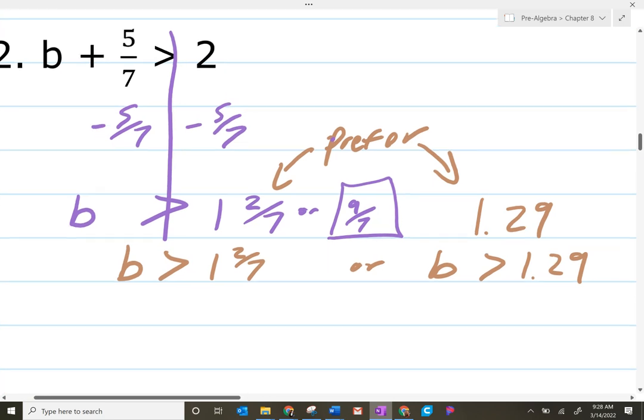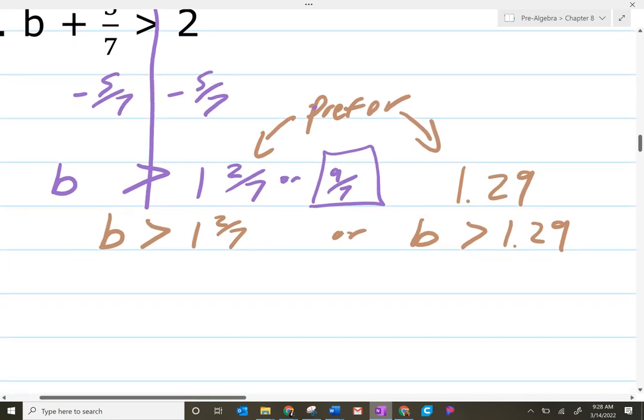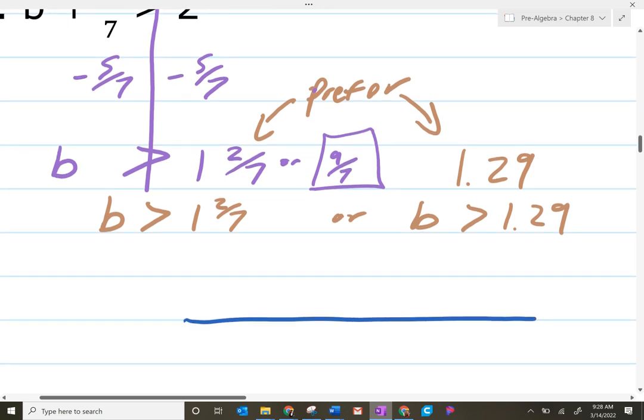Next up, I need a number line. How many numbers do I need? 3. Got it. What numbers do you guys think I should put in there? What should be the middle number right around here? 1, 1.1, 1.2, 1.3. I'm going to stick with the bigger numbers. I would say yes, 1 will be in the middle.